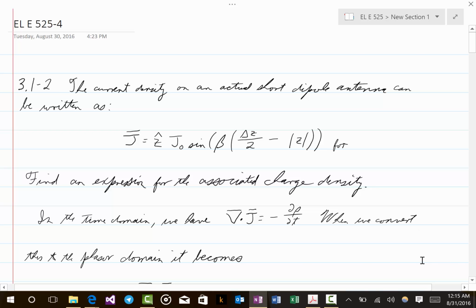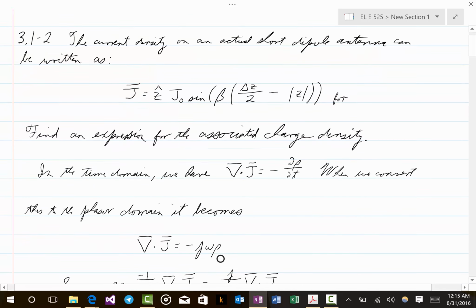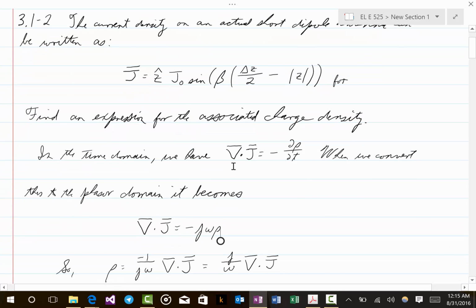Now, as you might recall from previous courses, the relationship between the current density J and the charge density rho is given by this equation right here, that the divergence of J is equal to minus partial rho partial t, where t is time.